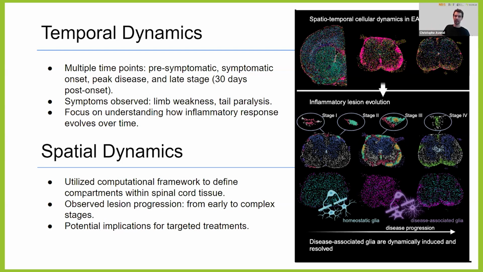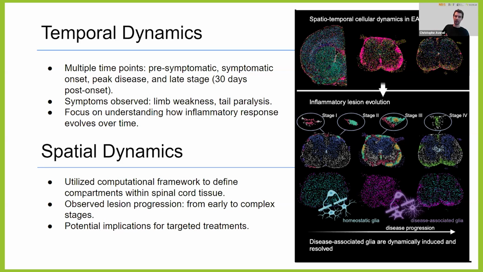And then they could focus on understanding how the inflammatory response evolves over time in the different mice. But also, as we have the spatial information inside each of the in situ sequencing data sets, we can try to understand the spatial dynamics.